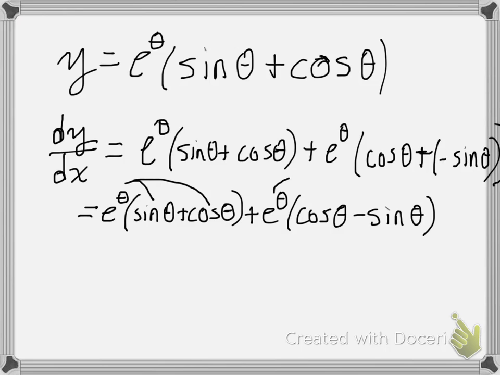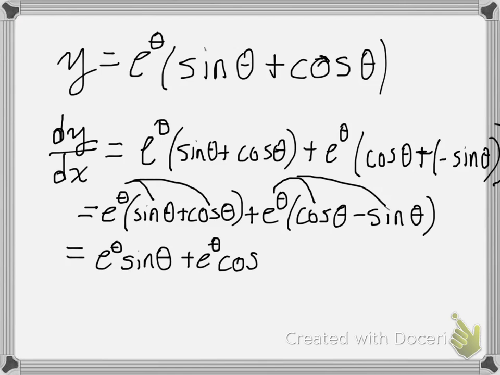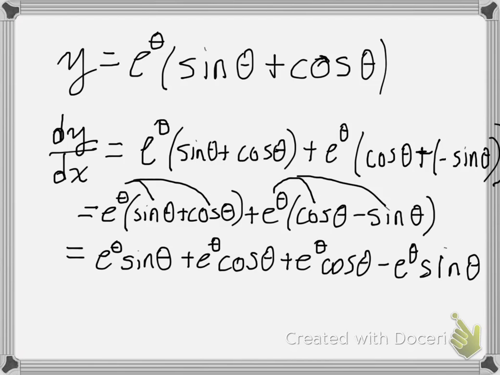Let's go ahead and distribute these e thetas, and we get e to the theta sine theta plus e to the theta cosine theta plus e to the theta cosine theta, and then minus e to the theta sine theta, right? After we distribute this e to the theta to this one, and then also this e to the theta to these.